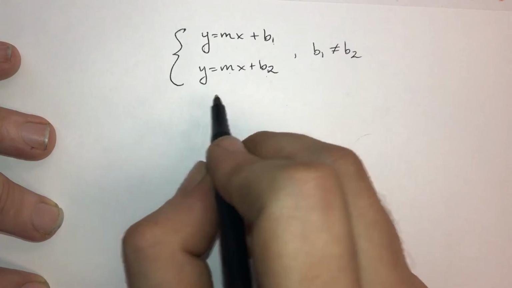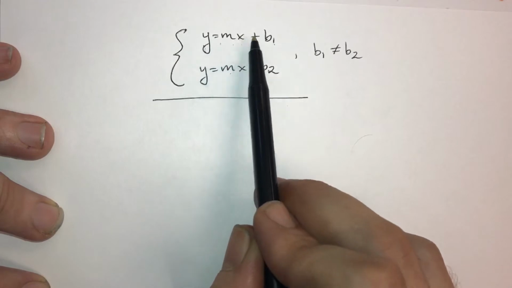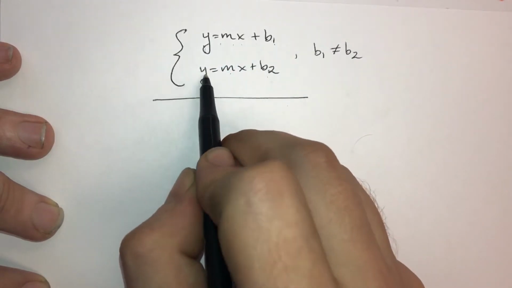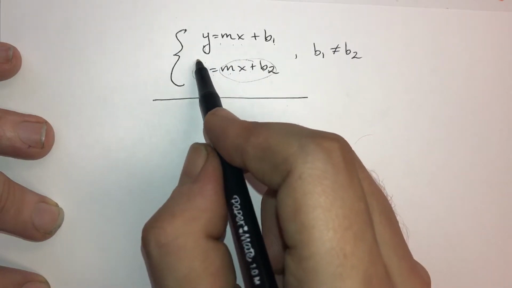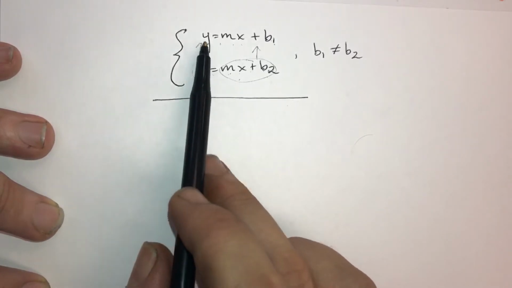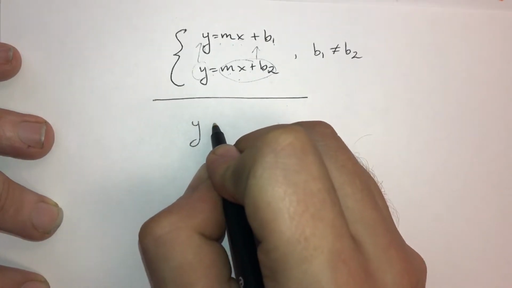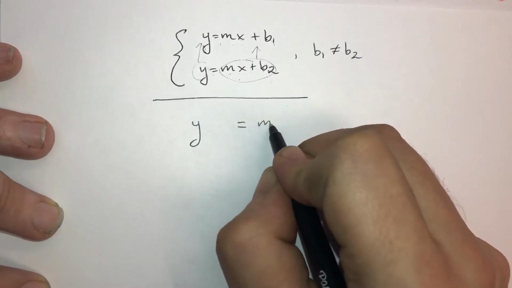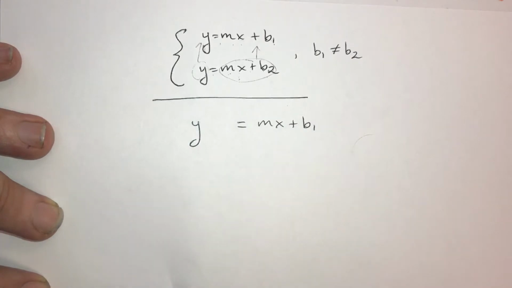According to the subtraction property of equality, since y equals mx plus b1 and y equals mx plus b2, since these two quantities are equal, I can subtract each of them from one side of the first equation. The subtraction property of equality says that I can always subtract equal amounts from each side of an equal sign. So I'm going to start with my first equation, y equals mx plus b1, and I'm going to subtract these equal amounts from each side of this equation.